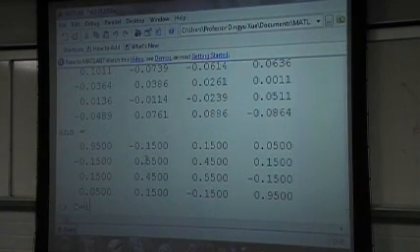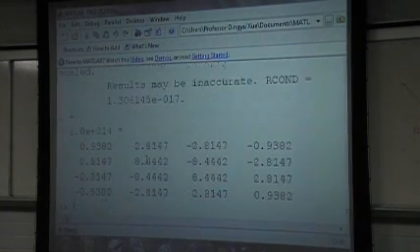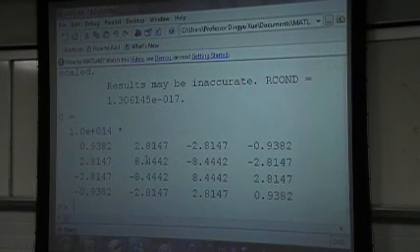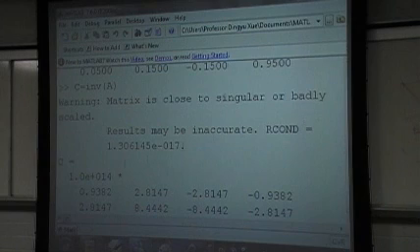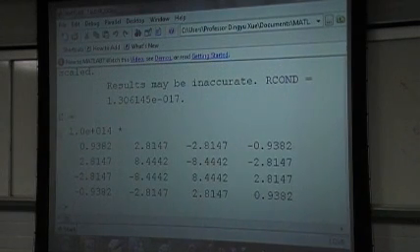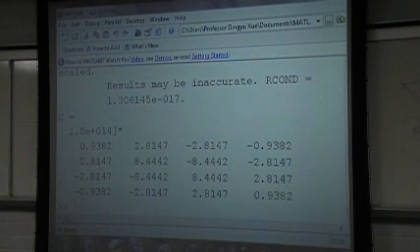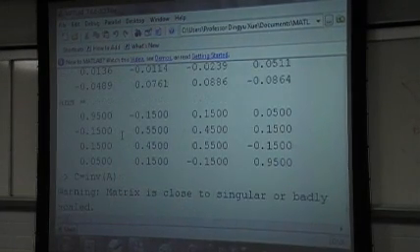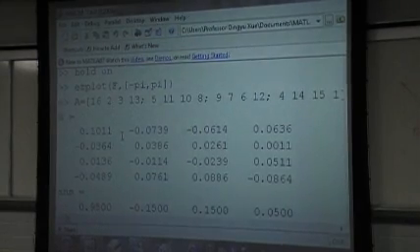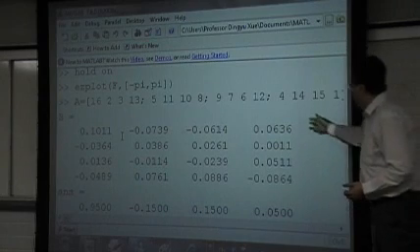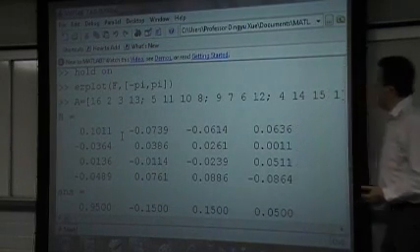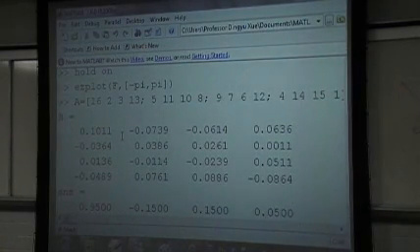Let's go back to this command again. We say that if we want to take the inverse of A, we will get a warning message like this, and the numbers in the inverse are quite large, 10 to the power of 14. But if we want to get the pseudo-inverse, we can have balanced results like this. We may not get very large results for this.